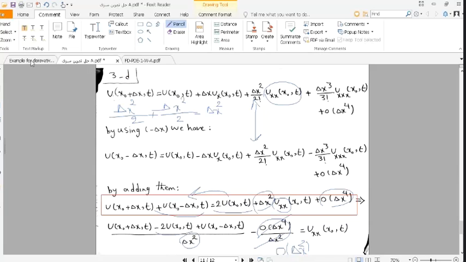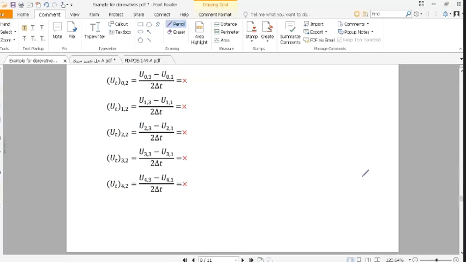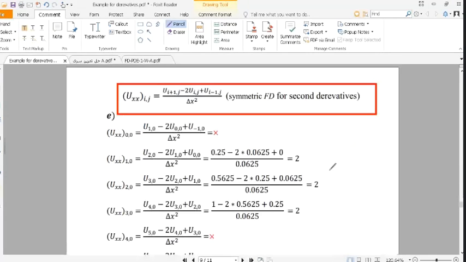In this file, the example for derivative, at this page, we are going to solve uxx at each point of the grid by using symmetric finite difference for second derivatives.